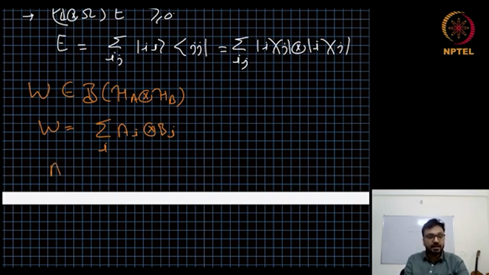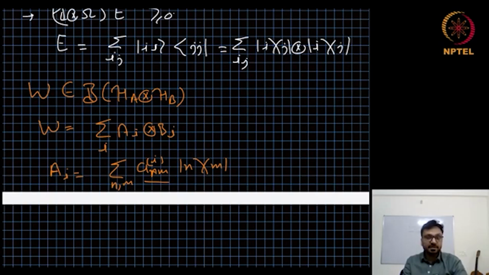Now any matrix A_i here, for example, can be written as the sum over n, m of a_nm |n⟩⟨m|. So if |n⟩ is a computational basis, then a_nm is the coefficient of matrix A_i. The a_i,nm is the coefficient of matrix A_i at location nm.